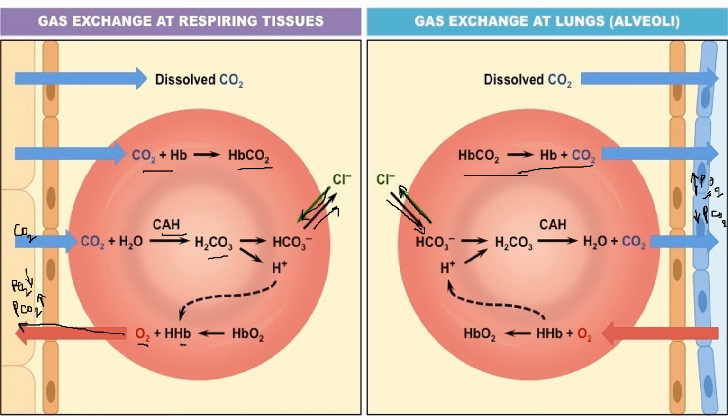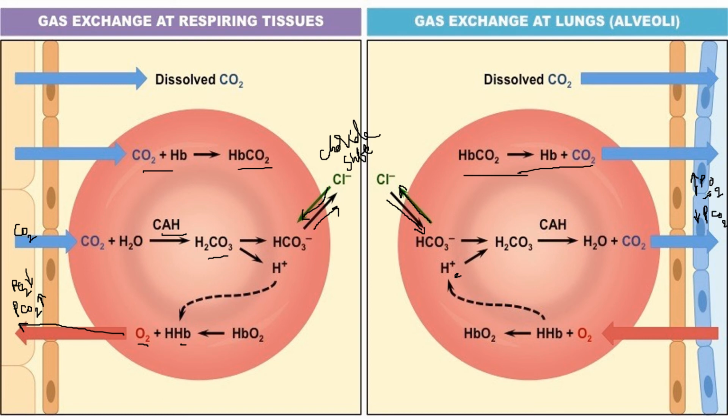Movement of chlorides into the RBC is called chloride shift, and moving out of chloride ions in exchange of bicarbonate is called reverse chloride shift. So here the carbonate ions now interact with the H plus ions to form bicarbonate.